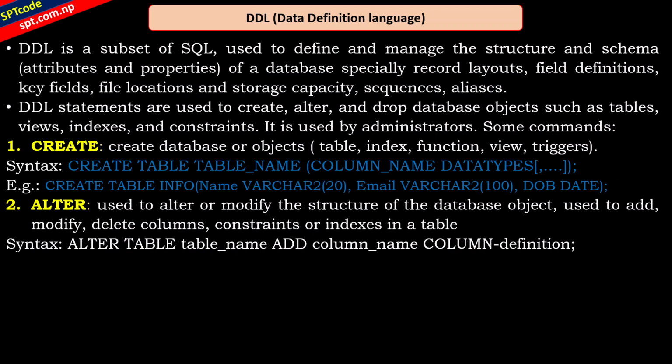If there are multiple field names, you define each individually with its data type. For example, name varchar 20, email varchar 100, DOB date. DOB and email are field names, and those are the data types.